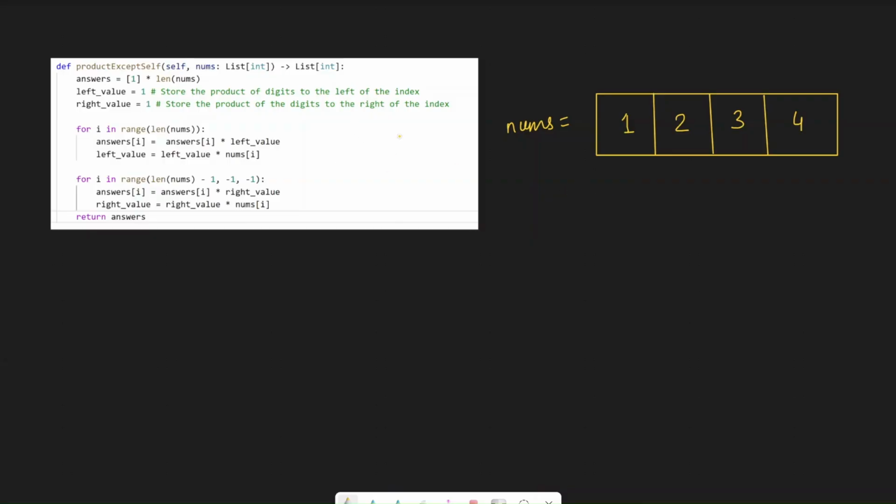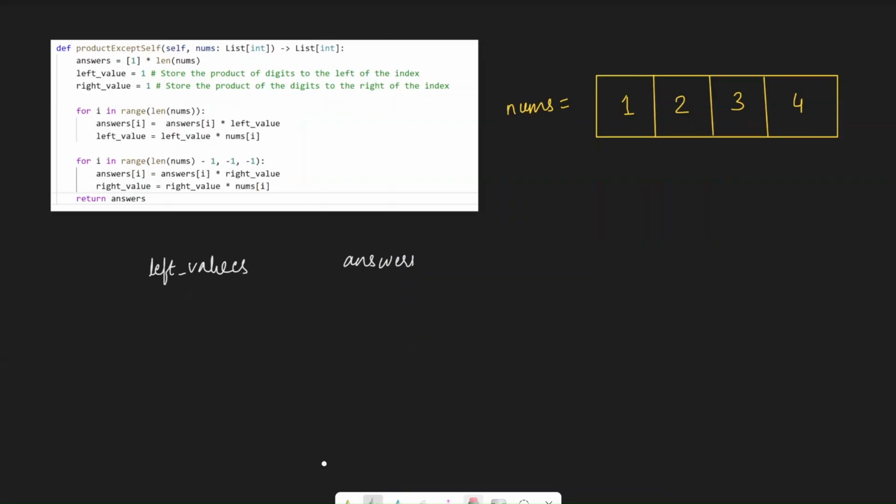Now I have copied the solution over here and this is the same nums array that we used before. Now we're going to initialize our answers array. I'm going to write left value and answers over here. I will also write i over here.